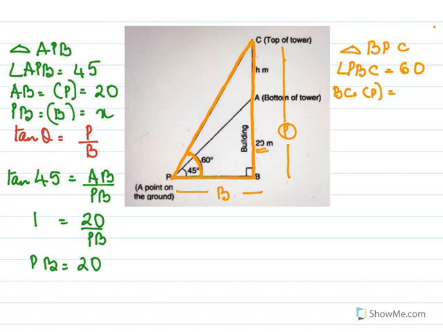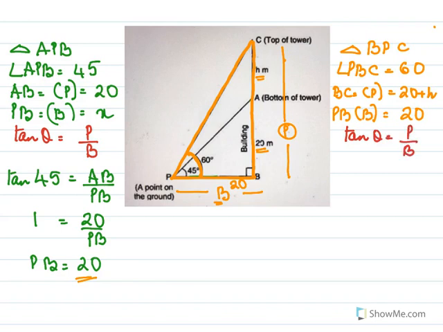Look up in the figure and see what is BC. BC is 20 plus H. And what is the base? Base is PB. And if you recollect, we already found PB as 20 earlier. So this is our 20. Now we have perpendicular and base, so we use tan theta.